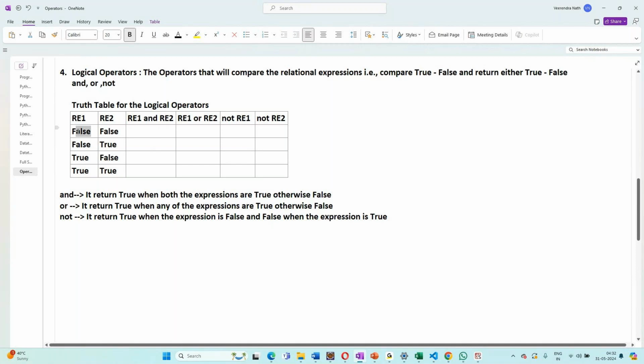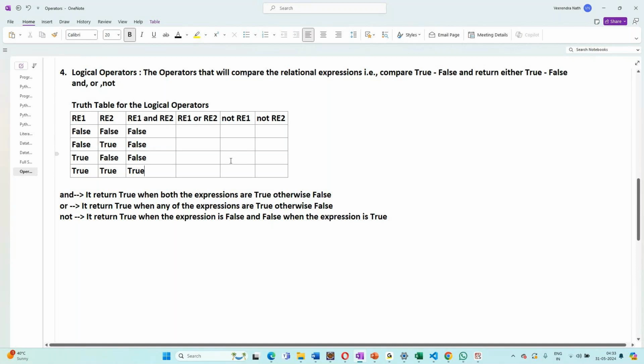If one is false, so false, false, this will be false. False, true, this also is false. True, false, this also will be false. When both are true, this will be true.